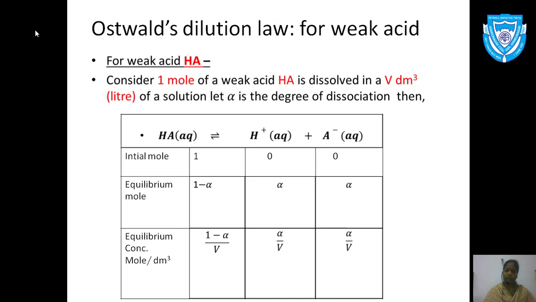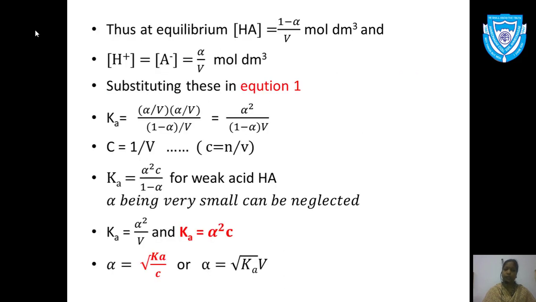Now let us write all this in equation form. Concentration at equilibrium: the concentration of HA is 1 minus alpha upon V moles per cubic decimeter, and the concentration of H plus is the same as the concentration of A minus, that is alpha upon V moles per cubic decimeter.